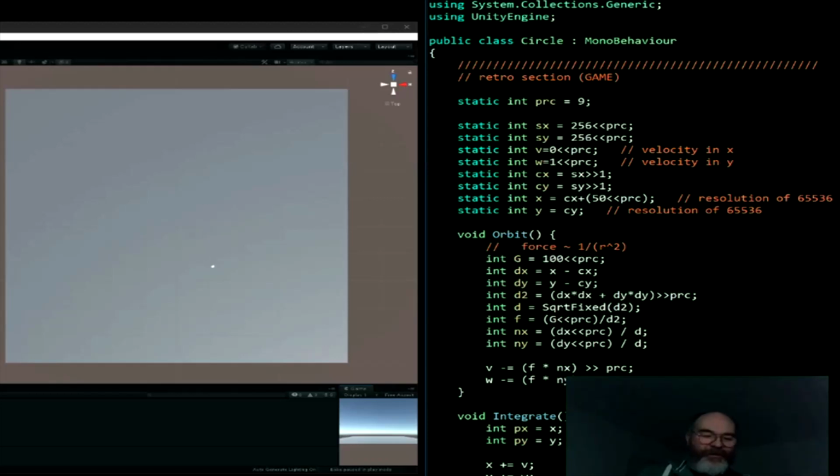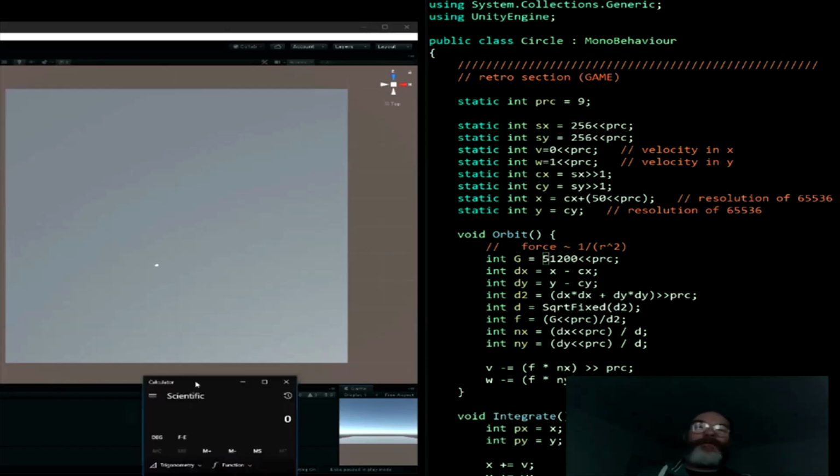So this becomes 100 times 512, or 51,200. But that is in this multiplication here. Oh, right. It's multiplied again because I have to multiply it up because I'm then dividing. So that gets multiplied by another 512. I need to get a calculator out.